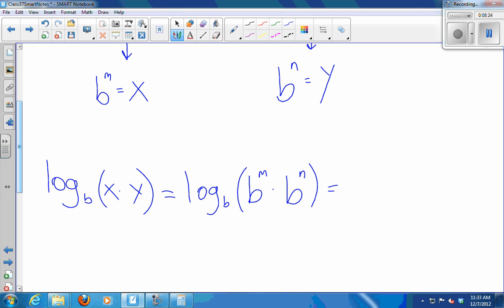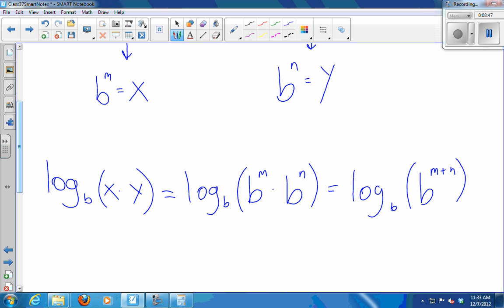What is b to the m times b to the n equal to? B to the m plus n. When you have like bases, the rule of exponents is that you add the exponents together. So this is log base b of b to the m plus n.